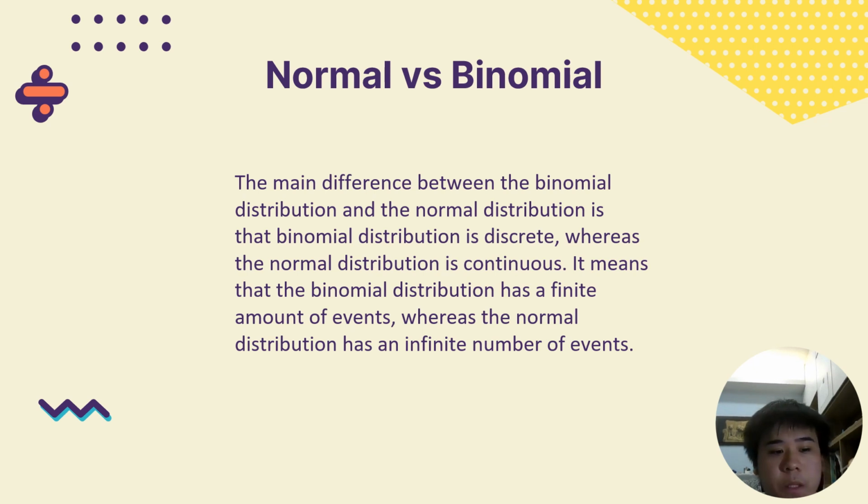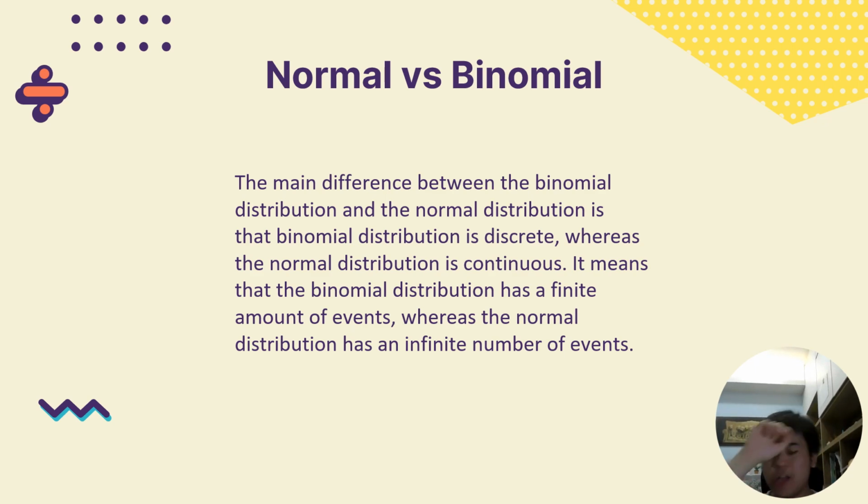The main difference between a binomial distribution and a normal distribution is that binomial is discrete, whereas the normal distribution is continuous. Basically, the binomial distribution has a finite number of events, whereas the normal distribution has an infinite number of events.